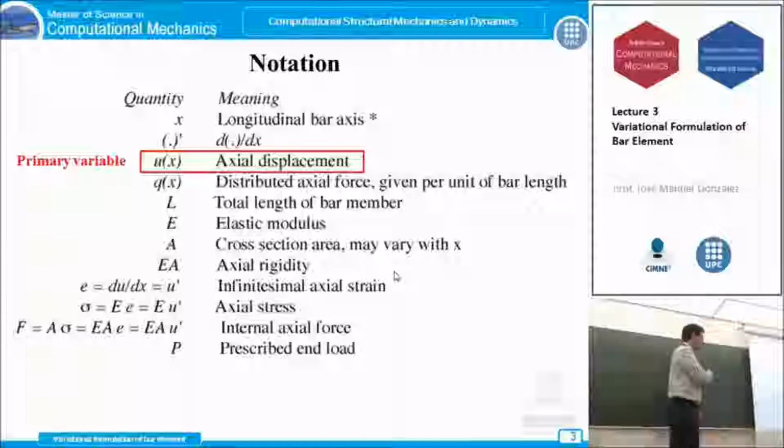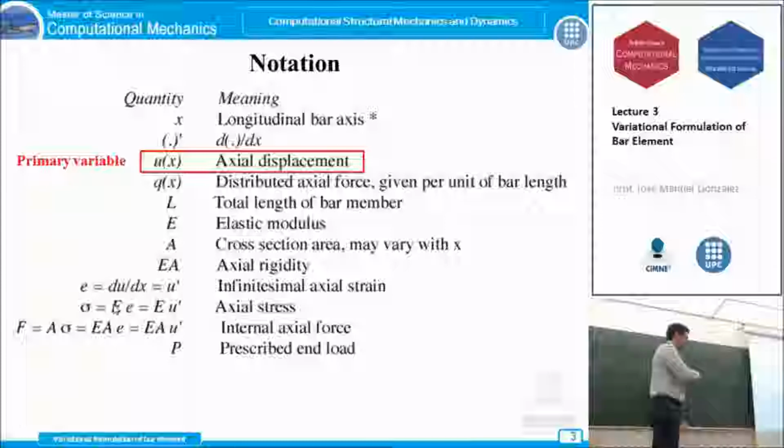We assume our strains are infinitesimal, and these strains are related to the displacement using this derivative operator here. This derivative operator leads us to the kinematic relation between strains and displacements. The axial stresses are calculated assuming Hooke's law. So these sigma stresses are related to strains using the elastic modulus.